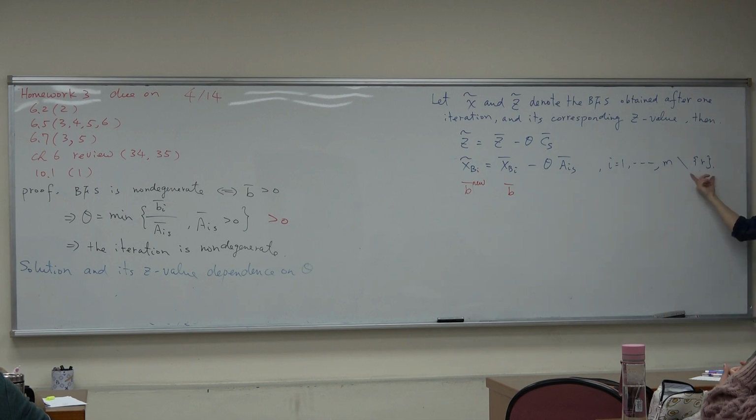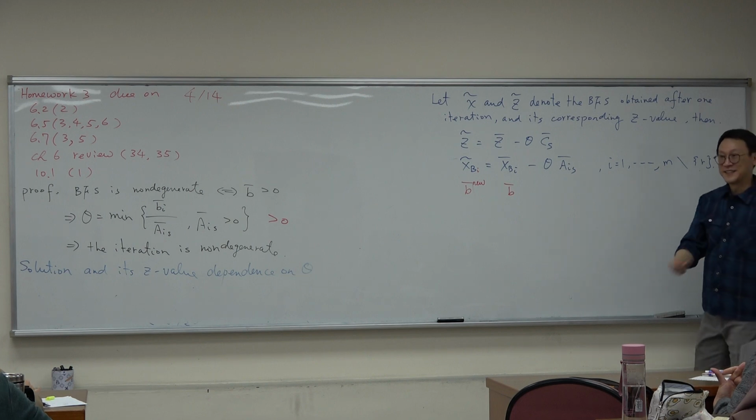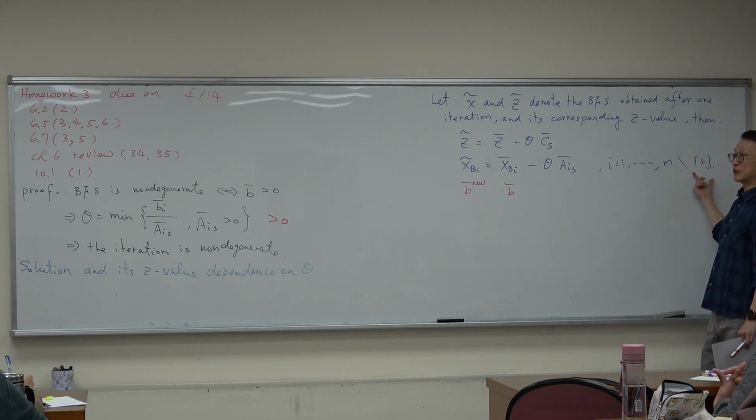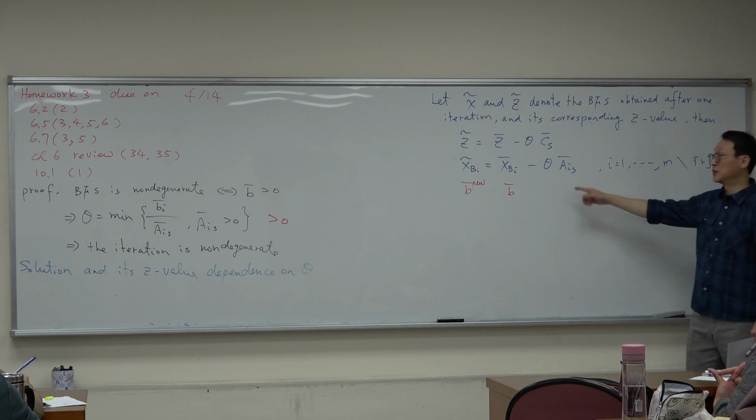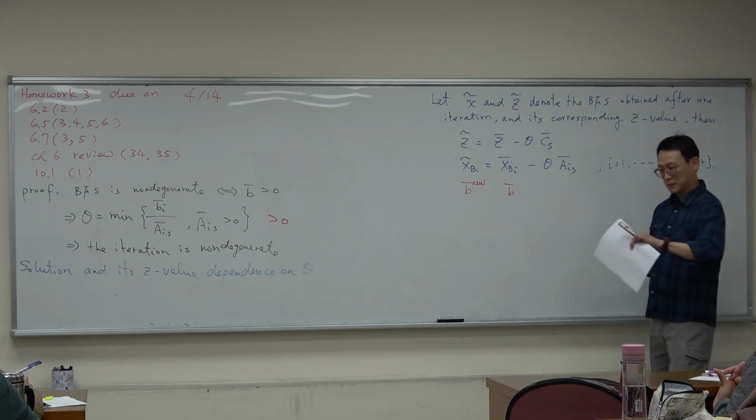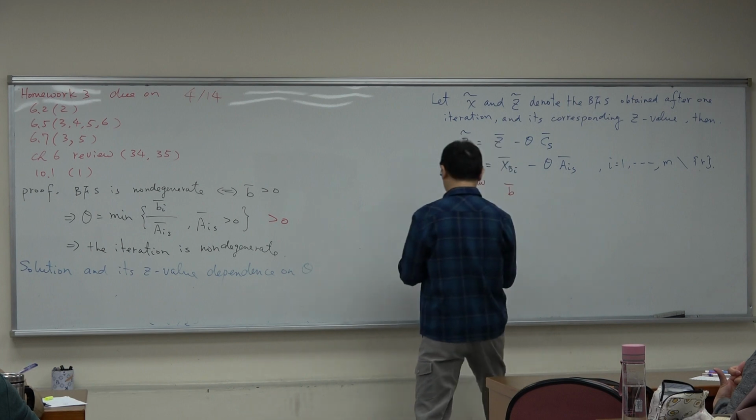This excludes the last row, because the last row gives me theta, the minimum ratio.